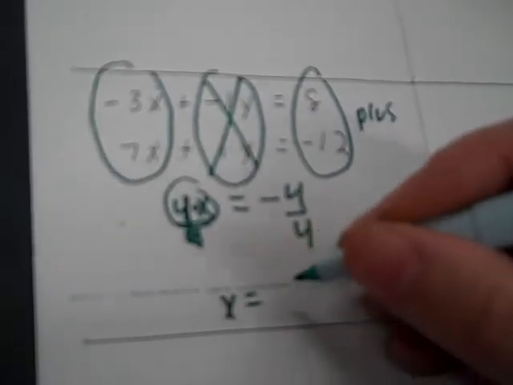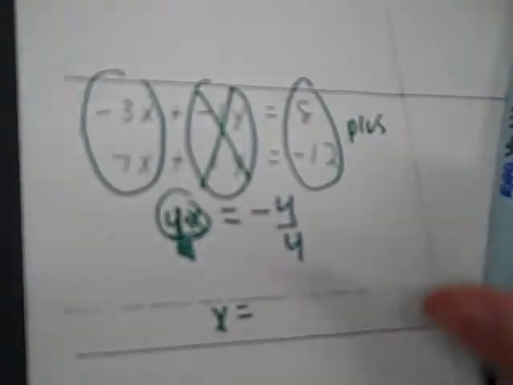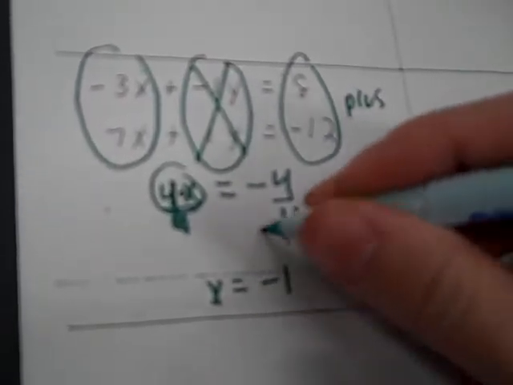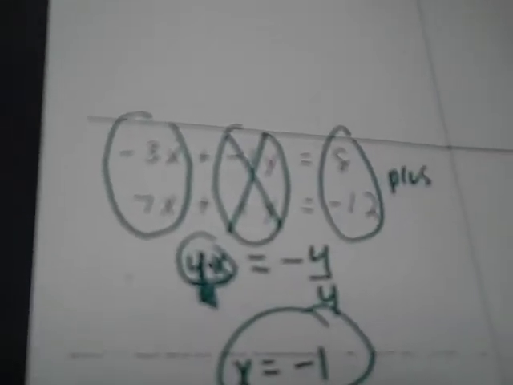X is going to equal negative 4 divided by 4 is negative 1. Okay, you're not ready to work yet. Don't.